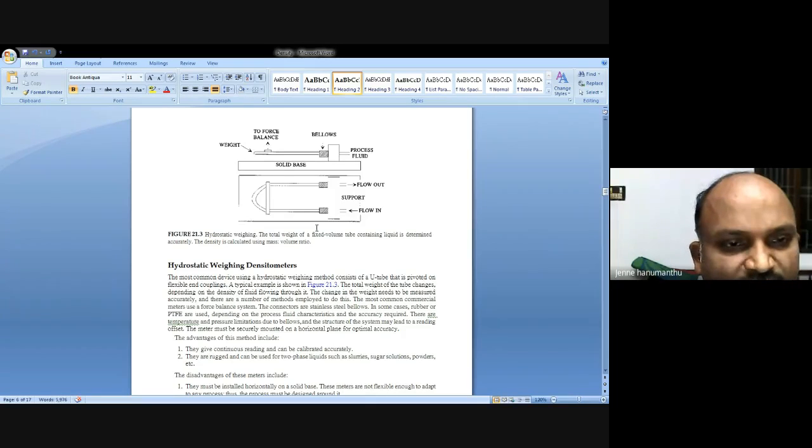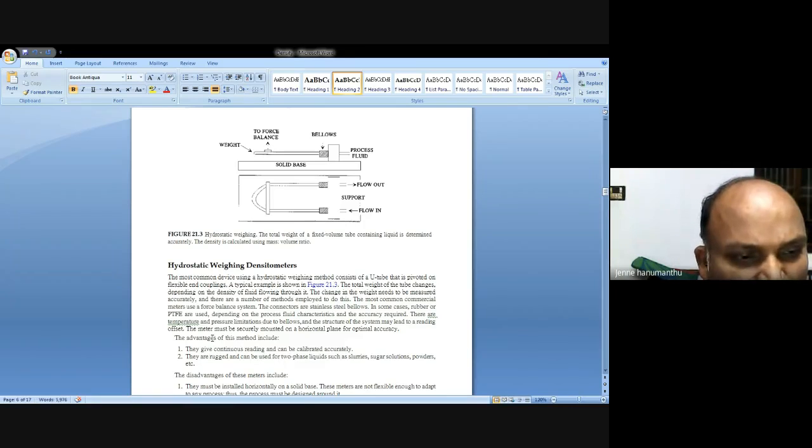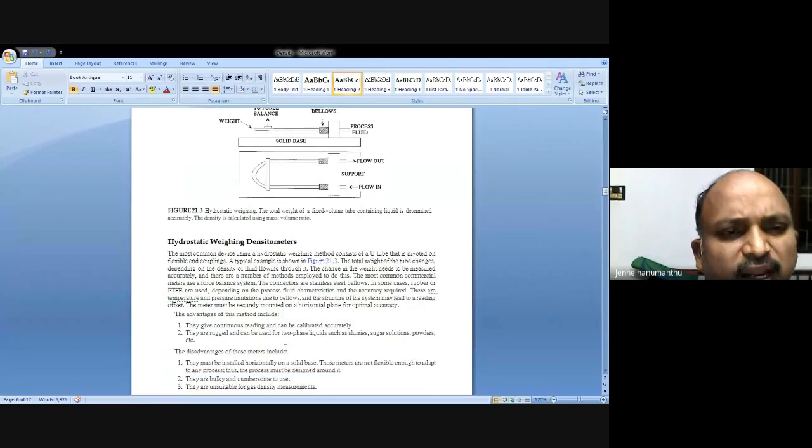When the fluid is flowing, the bellows are moving, so we get an unbalance. Initially it is balanced. When the unknown fluid is flowing, it is unbalanced. That unbalance is measured, and it is proportional to the density of the unknown fluid.